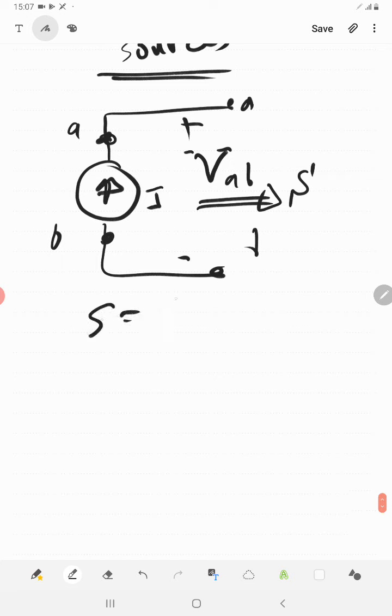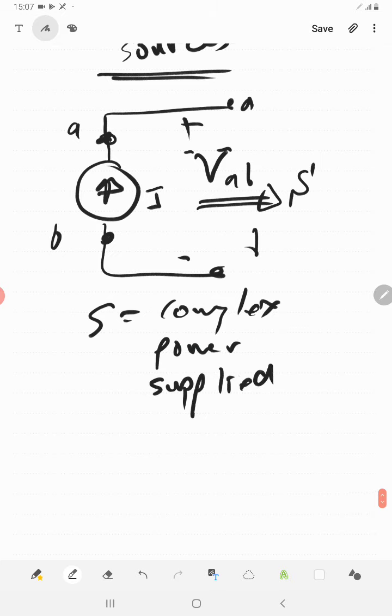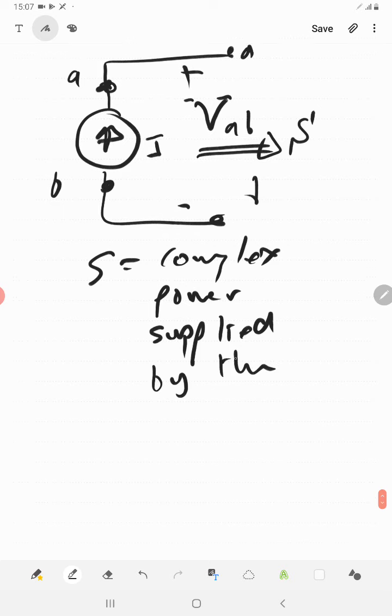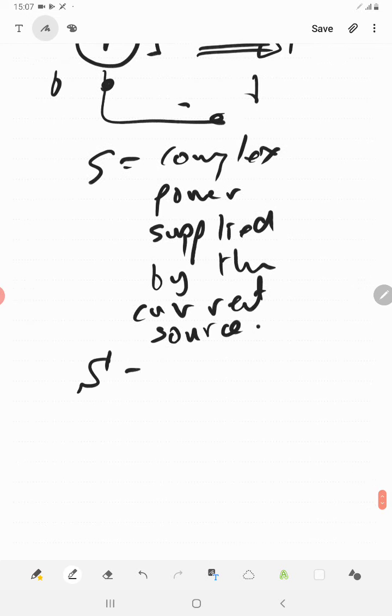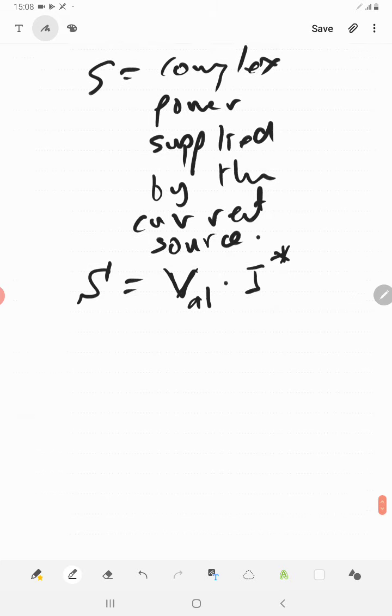S is the complex power supplied by the current source. So the current source supplies power to the system. How do we determine it? Simply S equals VAB times I conjugate. Usually we know I, so we know I conjugate, and we need to determine the voltage. And this again will be P plus jQ.